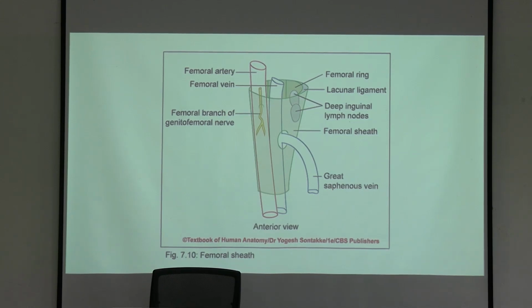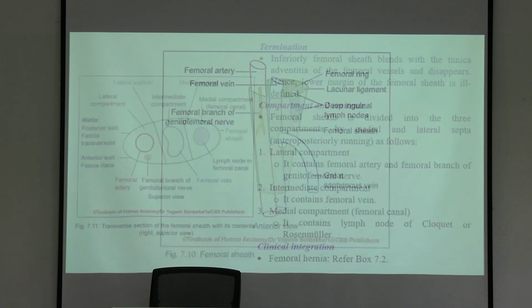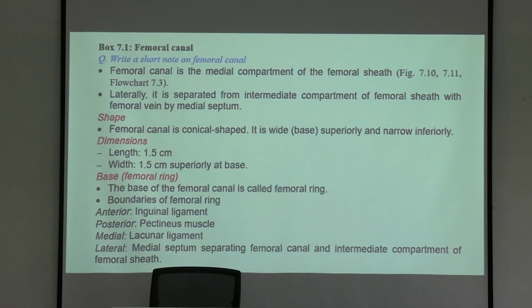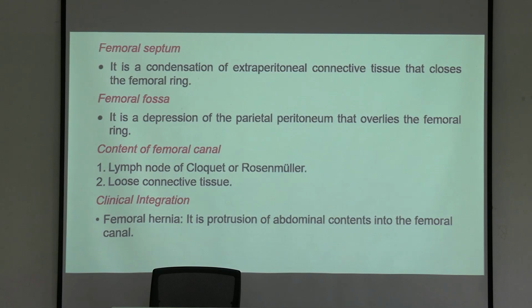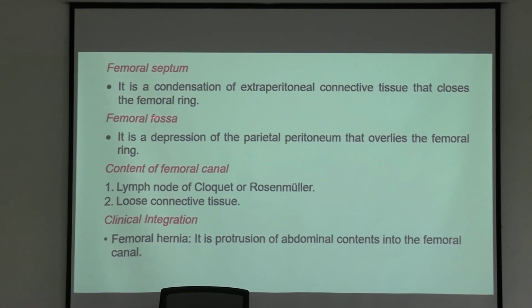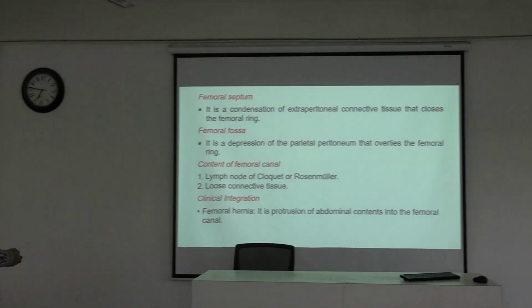One has got a horizontal group, one has got a vertical group, and those are superficial, and the deep group are placed over this femoral canal. Same thing, femoral septum, femoral fossa, those are coming, okay.